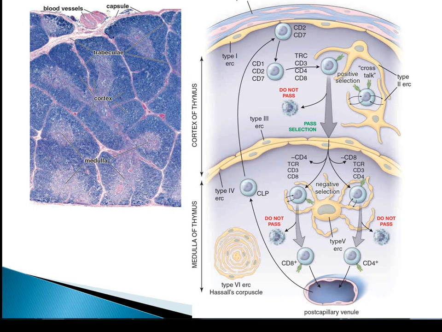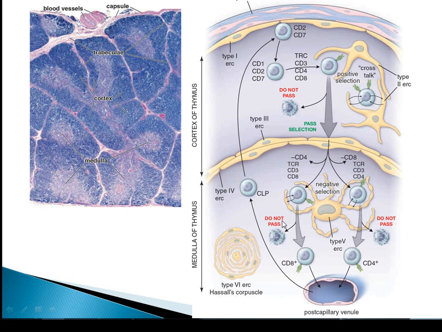Single positive thymocytes that would mount an attack against the self are driven into apoptosis, and they cannot pass this selection. This is called negative selection, and they are driven into apoptosis in the medulla, and the dead cells are eliminated by medullary macrophages.